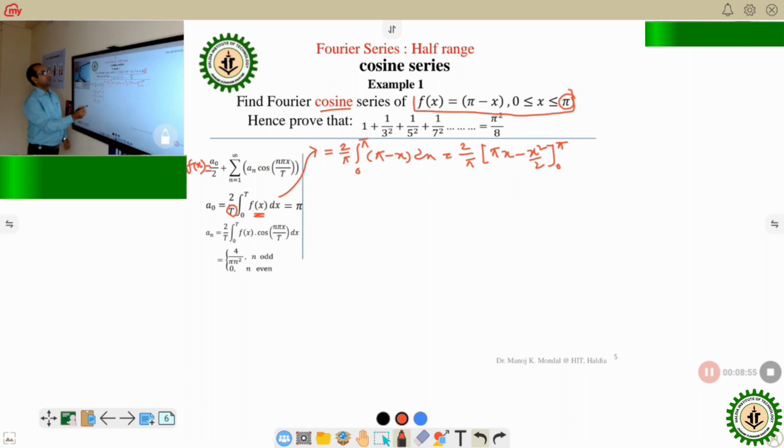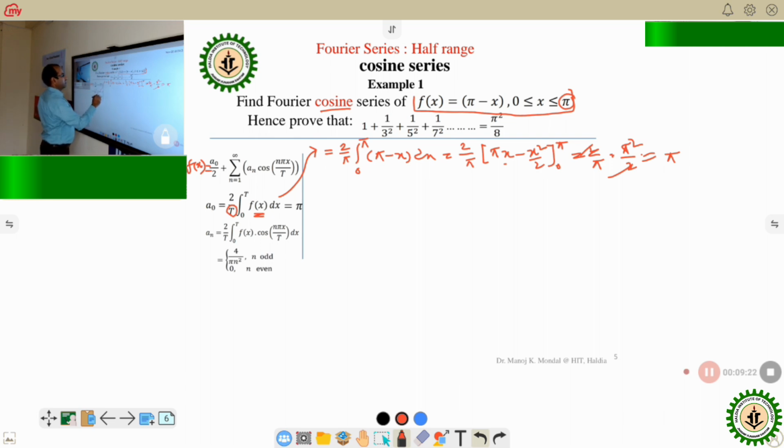When we put the limits, for the lower limit its value will be 0, and for the upper limit it is pi square minus pi square by 2. So 2 by pi into pi square by 2, the 2 cancels. So the a0 equals pi.